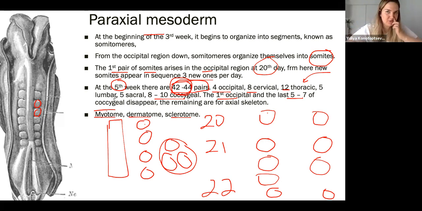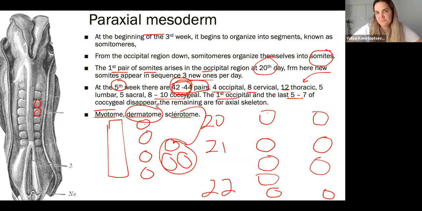So skeletal muscle of the axial region will come from here. Sclerotome will give rise to the cartilage of the axial region, because your vertebrae arise through endochondral ossification. So first we make the cartilage in the shape of the vertebra, and then we convert that cartilage to become bone.